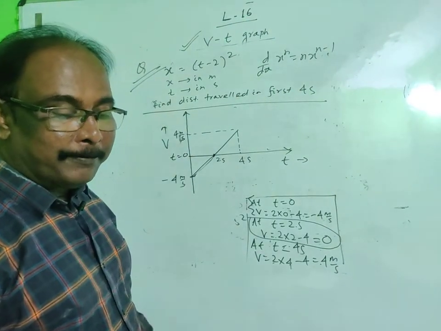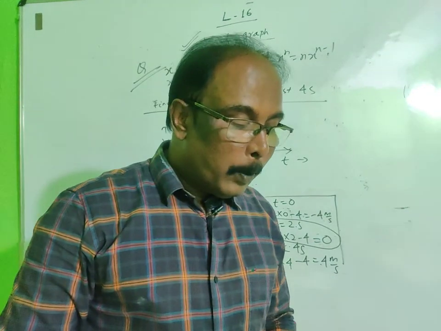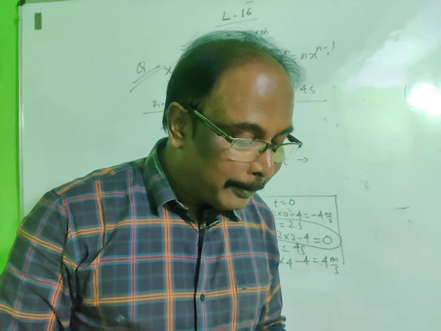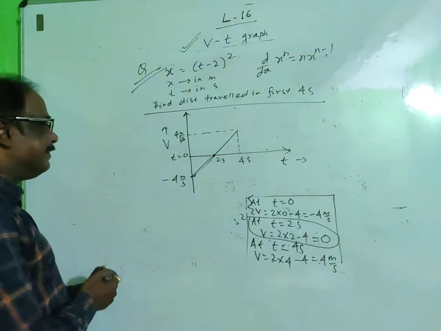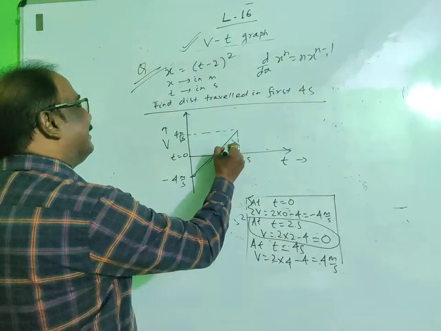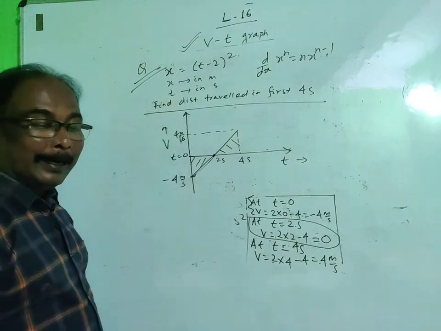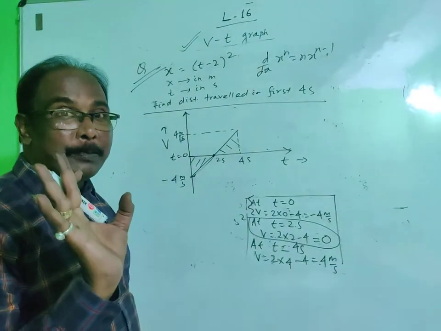Using the Vt graph, we will calculate distance. What is distance traveled in first 4 seconds? Just calculate total area. What is asked? Distance traveled, not displacement.